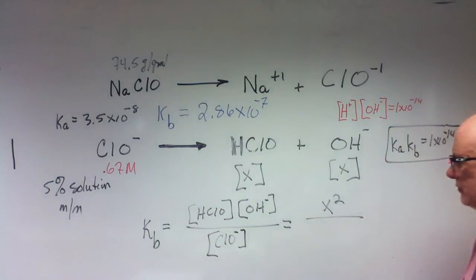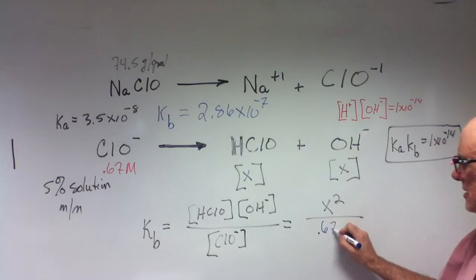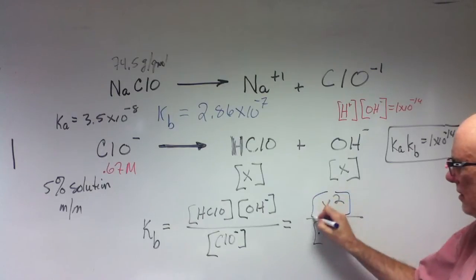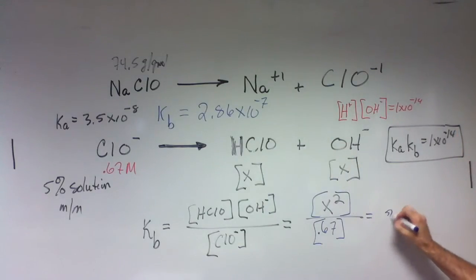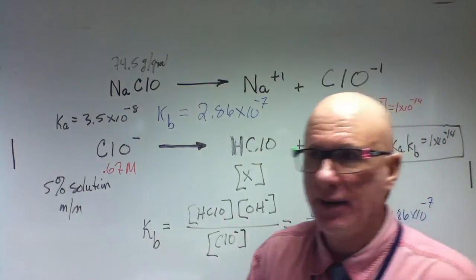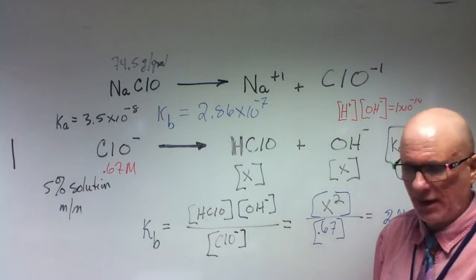Clear? Okay. So this is just going to be 0.67, right? And then that's going to equal this, 2.86 times 10 to the negative 7th. Now, can I erase this part? Yes.